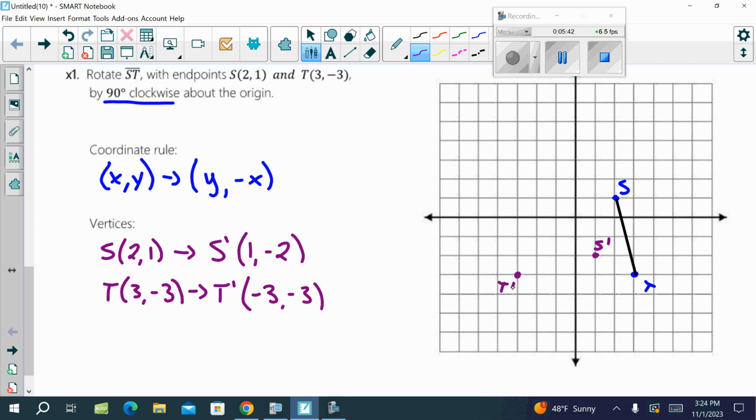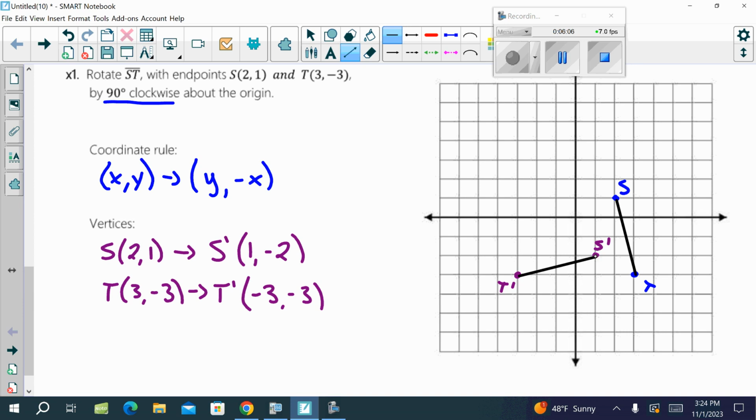There's T prime. So once again, we said a 90-degree rotation moved us one quadrant in whichever direction we were supposed to be moving. So starting S in quadrant 1, 90-degree clockwise, S should have ended up in quadrant 2. T should have ended up in quadrant 3. Okay?